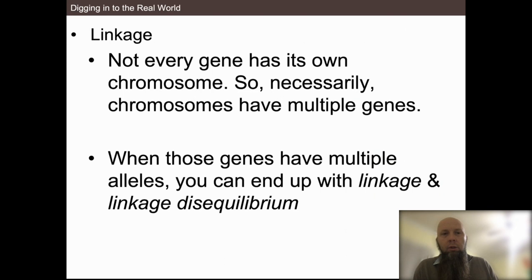So this physical linkage, when they're physically on the same chromosome and they are inherited together, you get A1 with B1, you get A2 with B2, on the same chromosome. We can end up with what we call linkage disequilibrium.